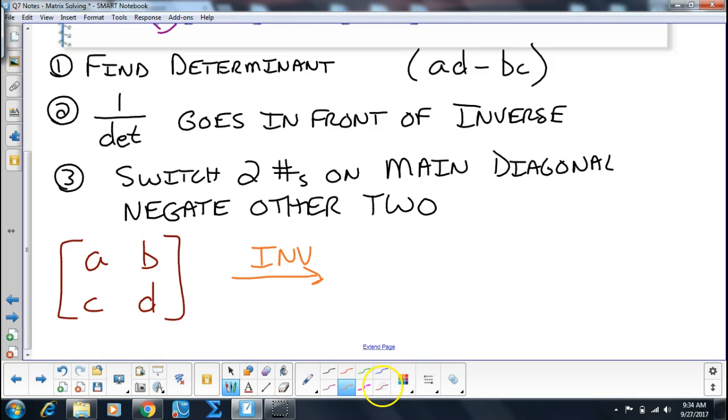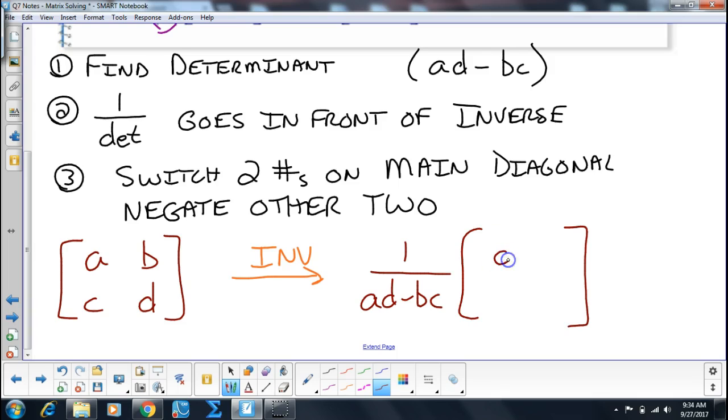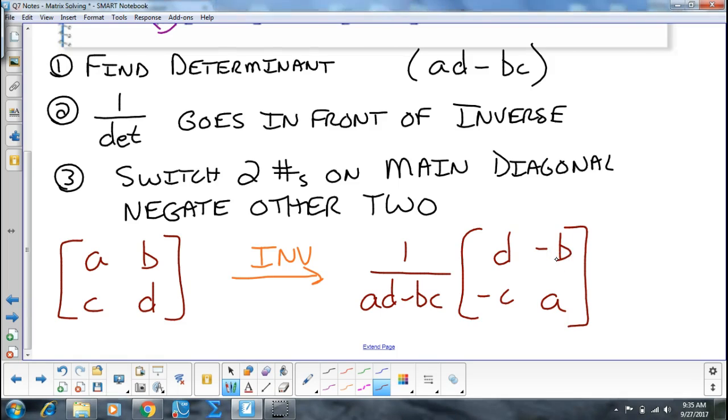So that's going to be 1 over AD minus BC. And then inside my matrix, I switch A and D, and I negate the other two. Soak that in.